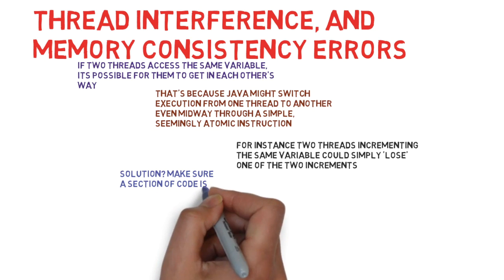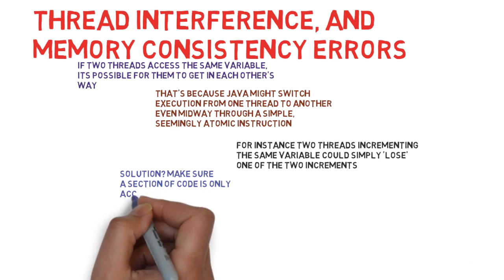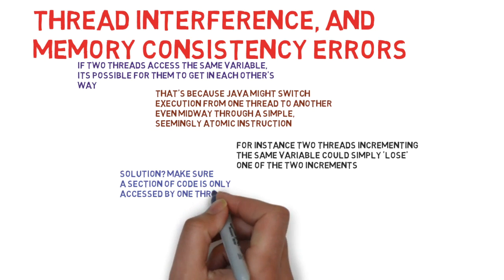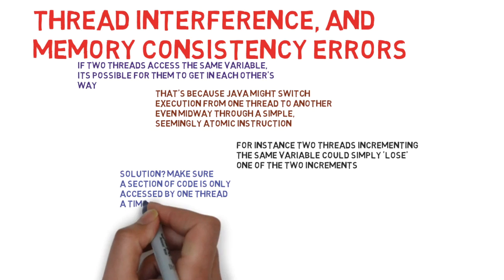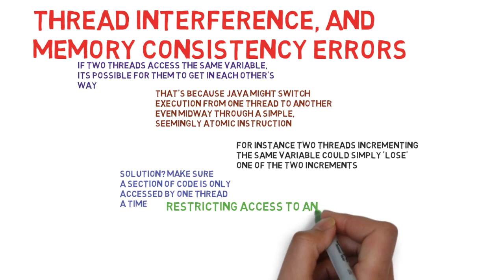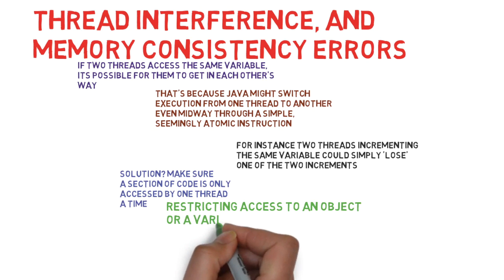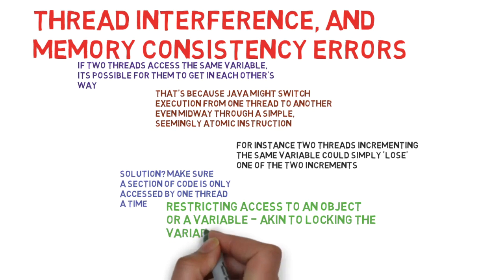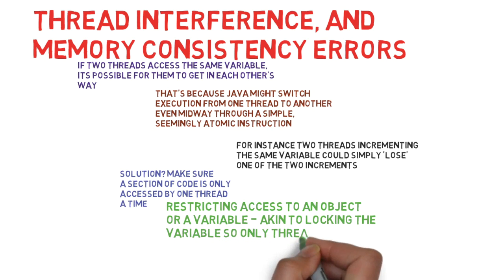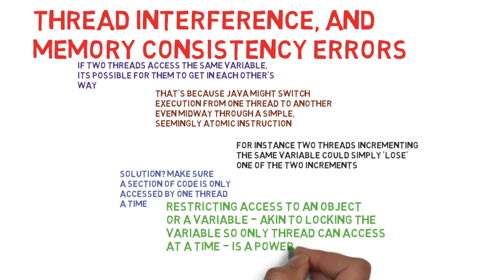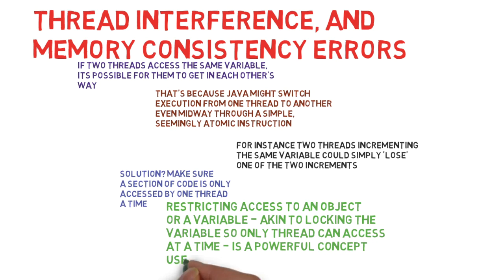The solution in such cases is to make sure that a section of code which you want to be atomic, which you want a thread to complete in one go, should be accessed by only one thread at a time. Now, restricting access to an object or a variable, which is locking the variable so that only one thread can access it at a time, is a very, very powerful concept in computer science.